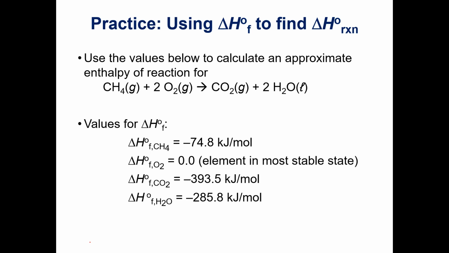So if you're asked to calculate the delta H of a reaction and you're not given delta H of formation for one of the compounds, look and see if that compound is actually an element, something like N2 or O2 or I2. If it's an element and it's in its most stable state at 25 degrees Celsius, then its delta H of formation is going to be 0.